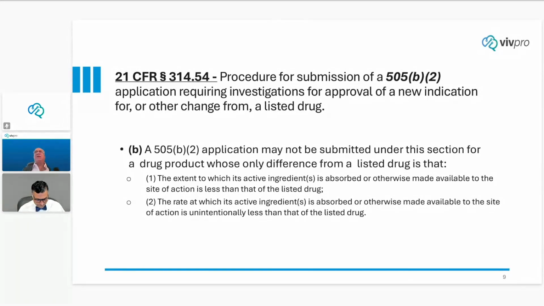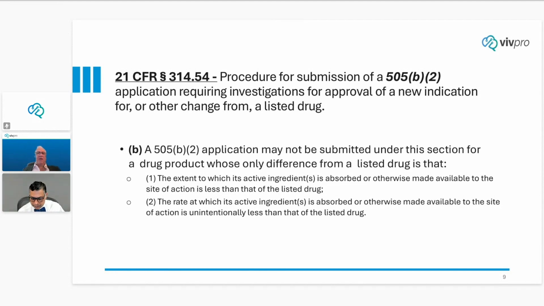And in that case, yes, you are allowed to use the 505(b)(2) pathway, but the label will be different. The language in the label will be different, and I don't think you will even be able to get the AB rating for that new drug.